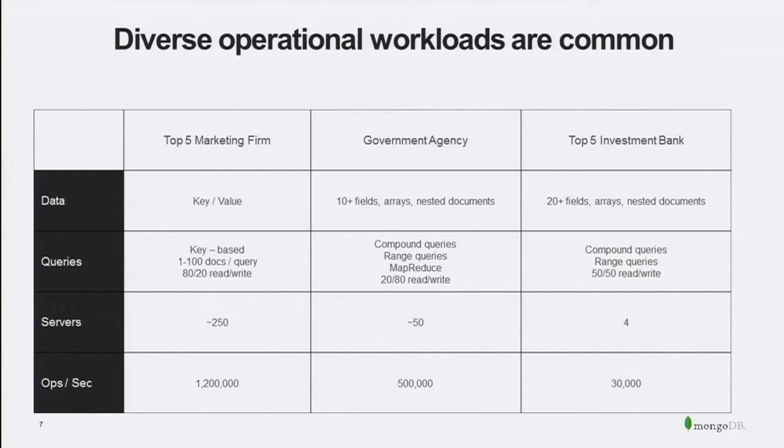I mean, this is the XLDB conference, so I wanted to point at a couple of things. You see everything from key value workloads with very simplistic operations but very, very high throughput and potentially large numbers of servers, across to very complicated queries with smaller amounts of throughput, but still tens of thousands of ops per sec.